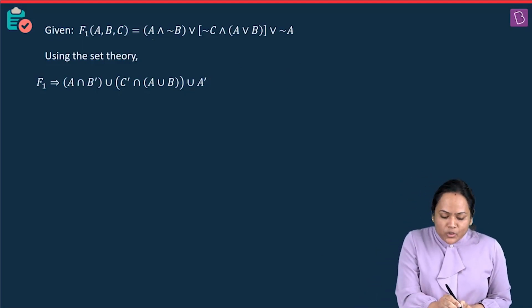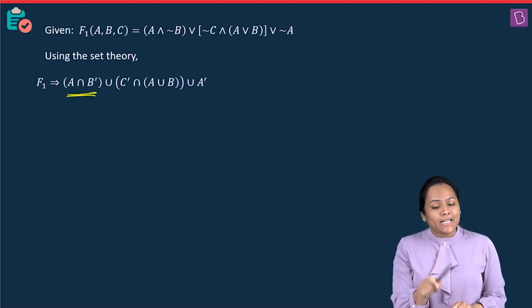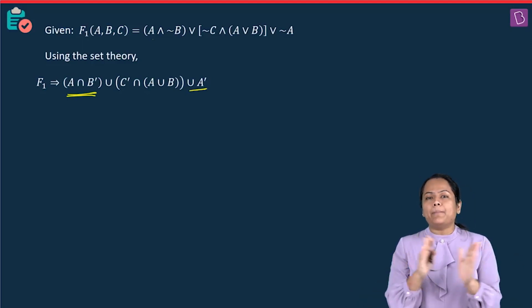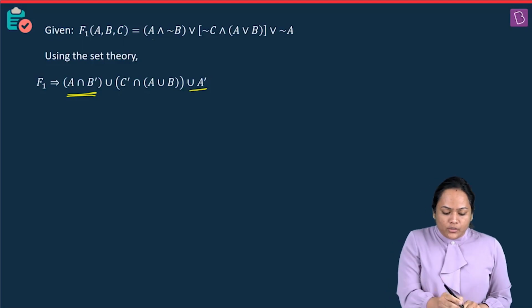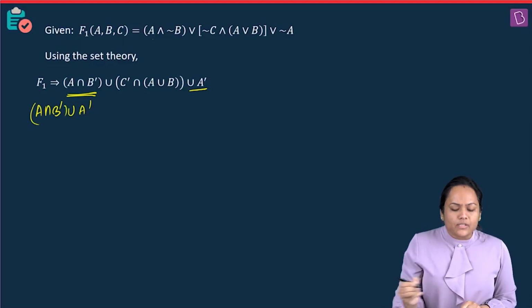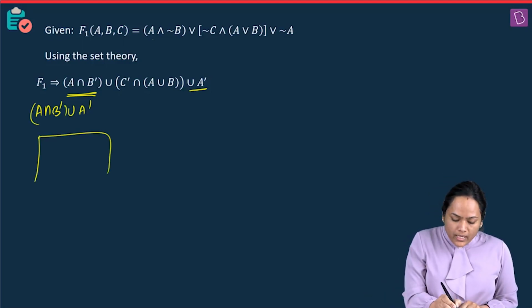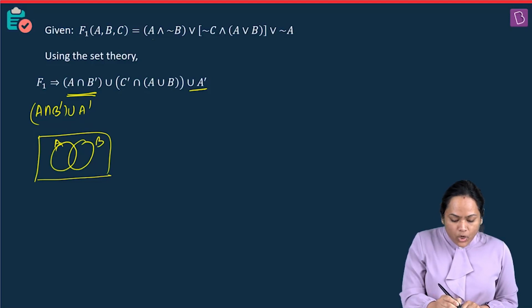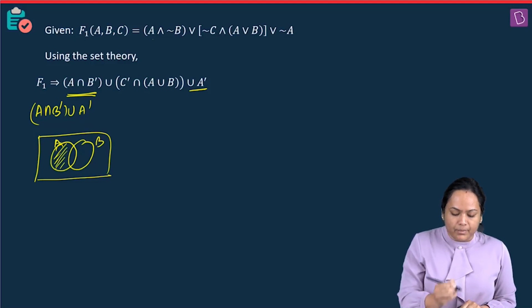For that, I'll first concentrate on A and B complement union A complement, right? I'll combine these two by associative law. So when I write A and B complement union with A complement, what does this region come out as? If I have this as A and B, I have A and B complement as only the A part.